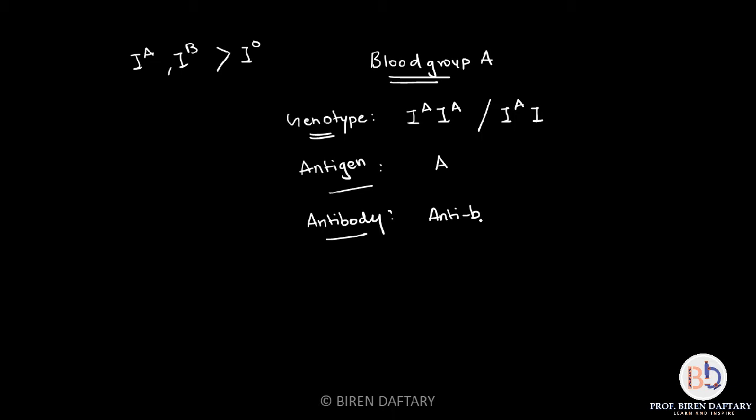I hope I am clear. So the genotype is IAIA or IAI. The antigen is the letter present, that is antigen A, and the antibody produced by blood group A is anti B, to fight against blood group B. Do you get me?